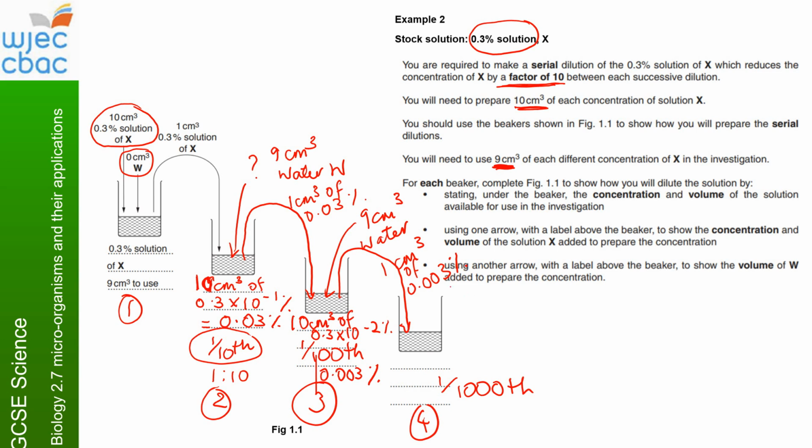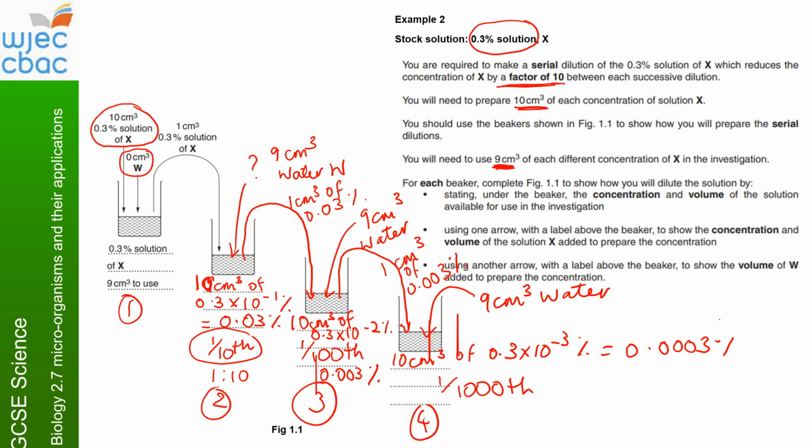Sorry, it's very squished on here. We're going to add 9 cubic centimetres of water. And this time we should have 10 cubic centimetres of 0.3 times 10 to the minus 3%. And that should be 0.0003%. Right? So this is 1 to 1,000.